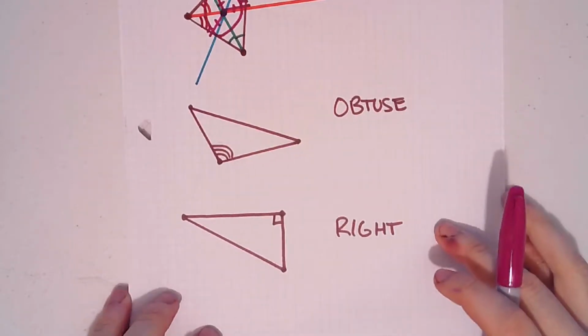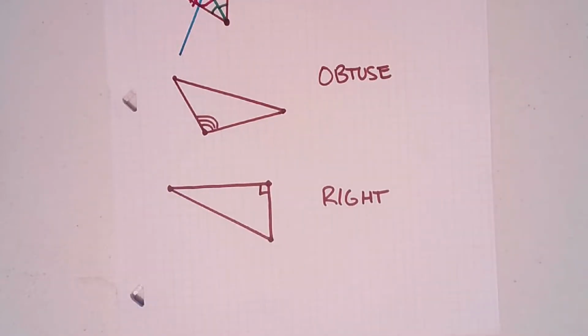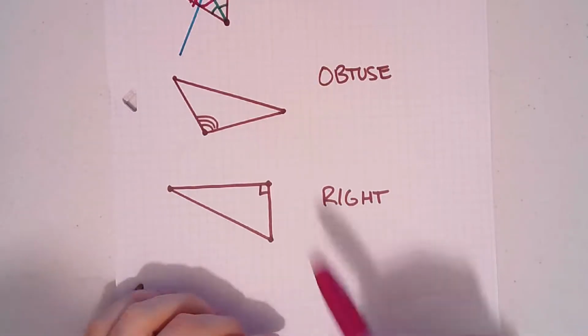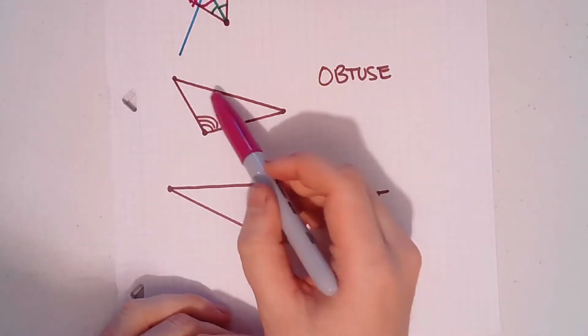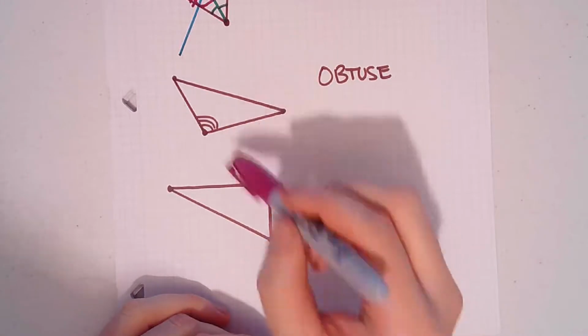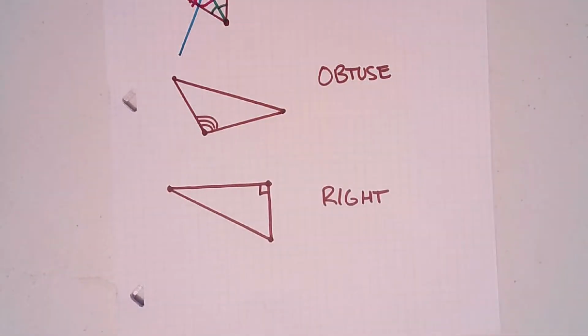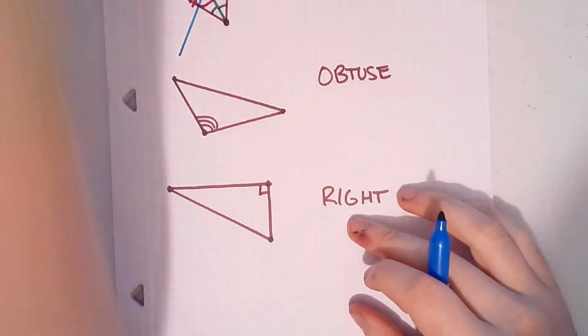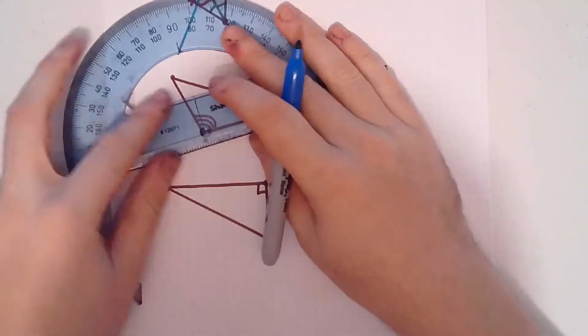For an obtuse triangle, and again, thinking about this a little bit, we're going to find an incenter, and an incenter is the center of a circle that's inside a triangle. So the incenter should be inside the obtuse triangle as well, because otherwise we wouldn't have an incenter. So I'm going to find the angle bisectors of all these angles, and I do that by measuring.